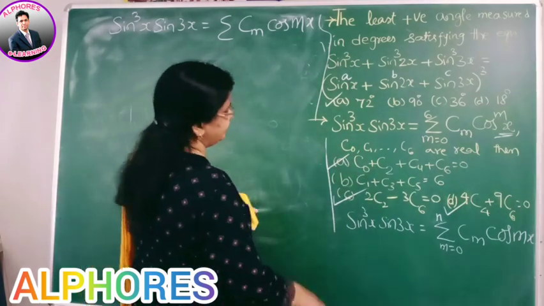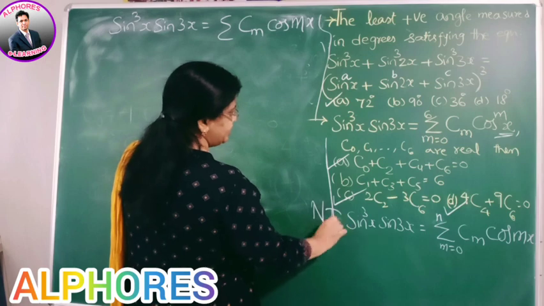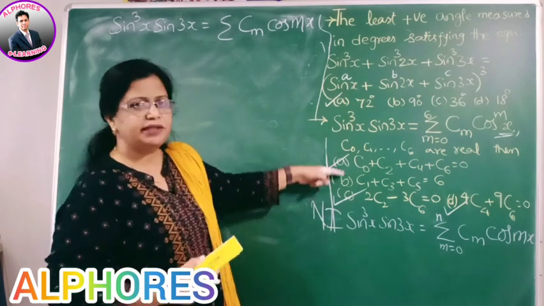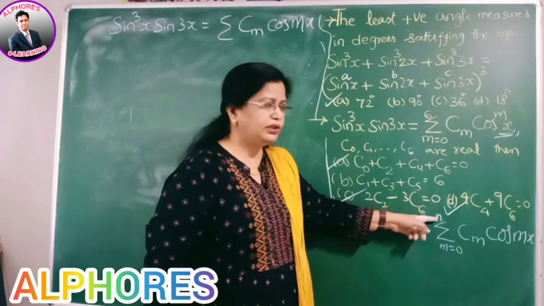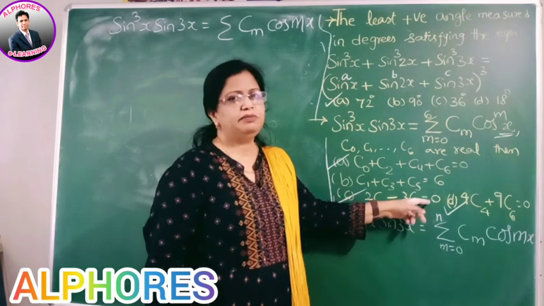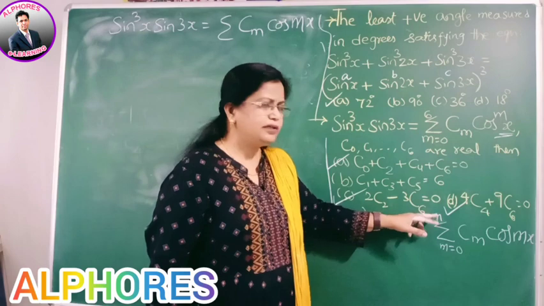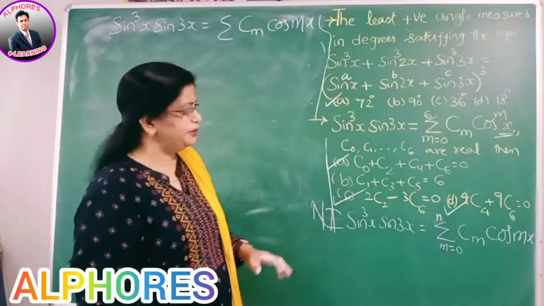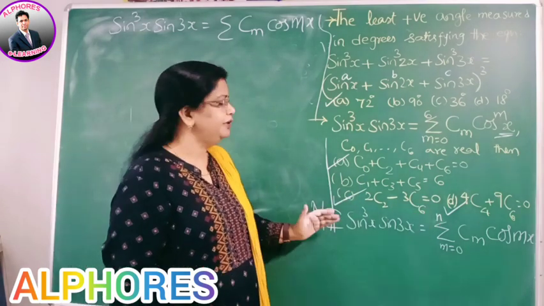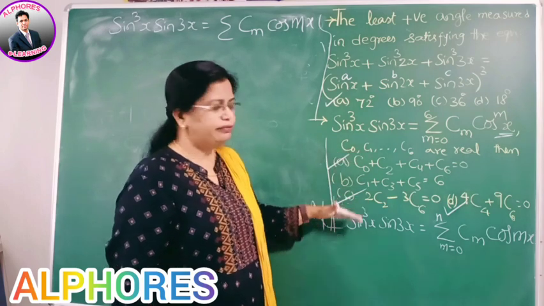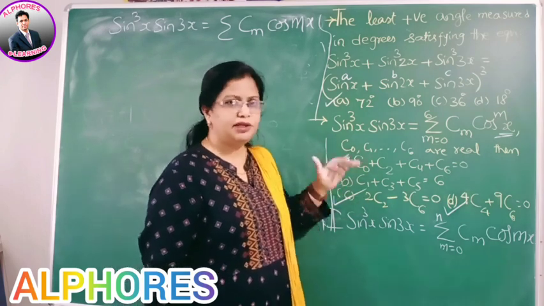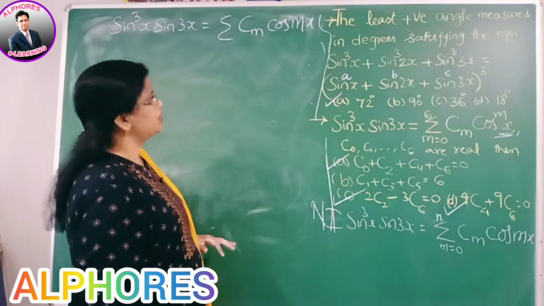Now this question they may ask as a numerical integer type, or they may simply put n and ask what would be the maximum n value. So what could be that n value? As a numerical integer problem they may ask, or the same problem they can give like this with more than one answer, or as a linked comprehensive question.